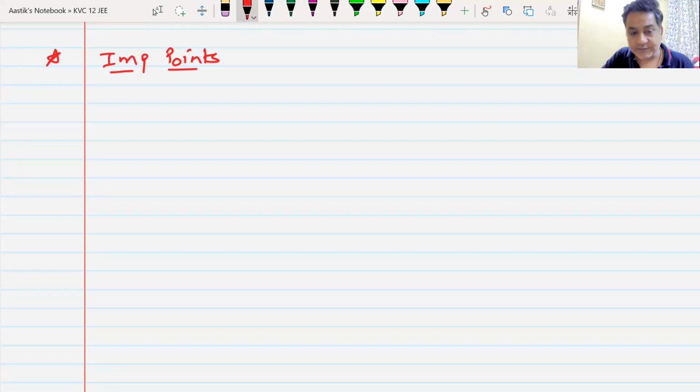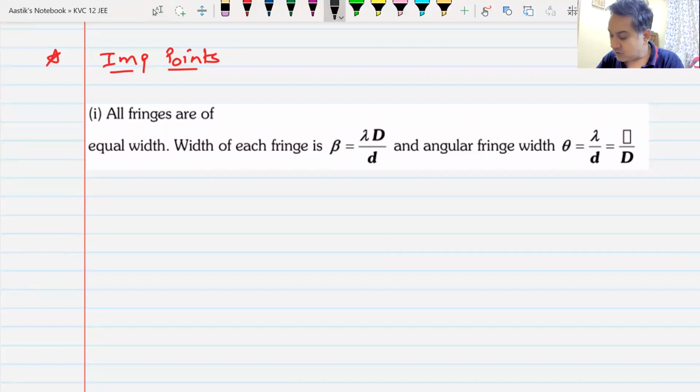If you can remember them in a number of ways, the better it is going to be. The first point, we all know this: all fringes are of equal width. This is a very important point, because in the next chapter, in the next topic, they are not going to be of equal width. Each fringe width is lambda D by small d.